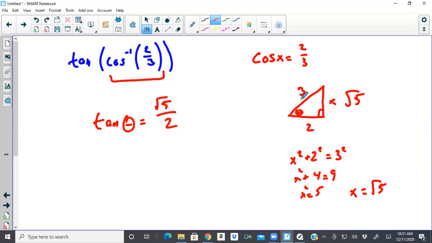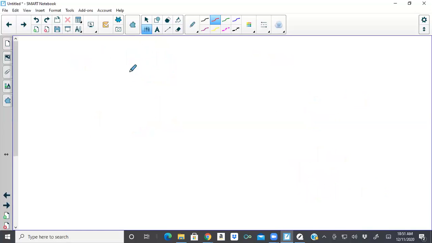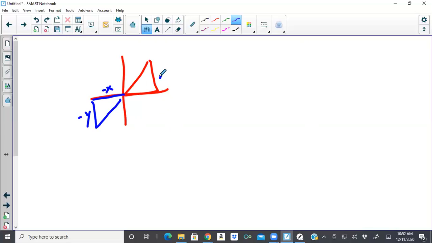I am going to check in as to why it is the first and fourth quadrant versus the first and third quadrant. The only thing I can think of right now is if I am dealing in the first and the third quadrant for sine, so this and this, like if I have an angle like this, or if I have an angle like this, those values are going to technically end up being the same because this is going to be a negative x and a negative y, and this is going to be a positive x and a positive y, which is going to actually create the same kind of ideas.